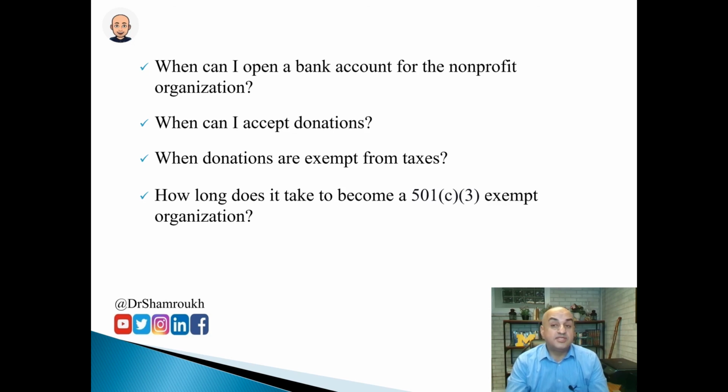Sometimes the IRS requests more evidence or documentation about the current board of trustees or activities of the organization, or even anything else. Therefore, every time the IRS asks for more documentation, the final decision will take a longer time. But my advice is always to make the 501c3 exempt application through a specialized expert.